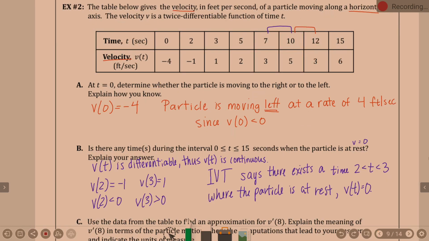And if you look at that on the chart, we're looking right here, yes? From 7 to 10, it was, which way was it? Positive? And then from 10 to 12, it was negative, okay? So right there, somewhere in that interval it changes from positive to negative, and when you change something from positive to negative or negative to positive, that means it has to go through 0, and because it's continuous, we can state that, okay?